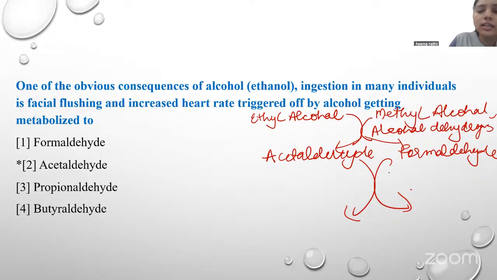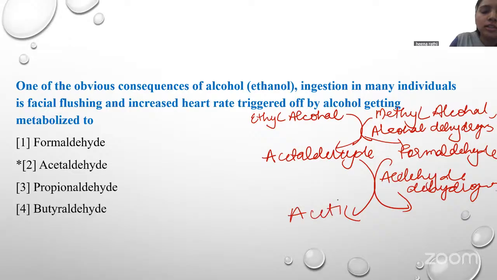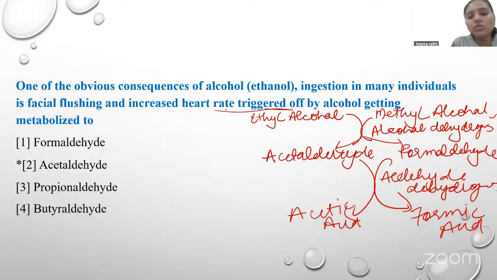When the aldehyde dehydrogenase enzyme is available, acetaldehyde will form acetic acid and formaldehyde will form formic acid. So the question is, how is it triggered off? By the acetaldehyde into the acetic acid.